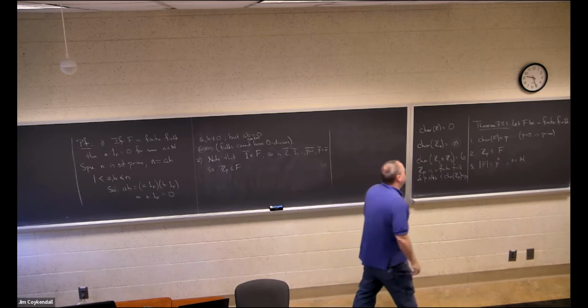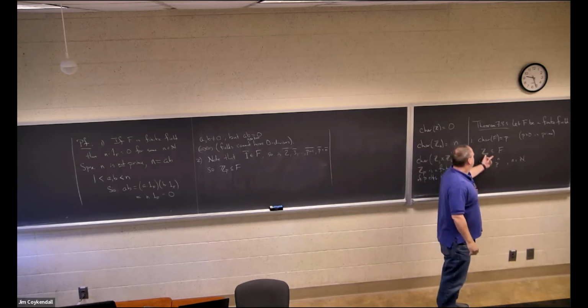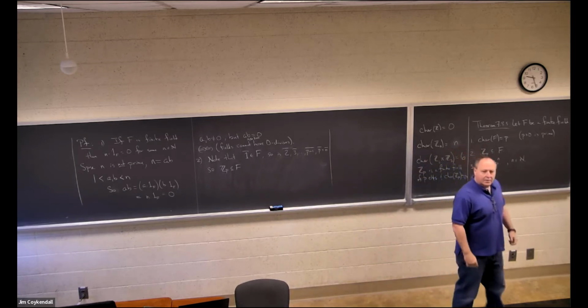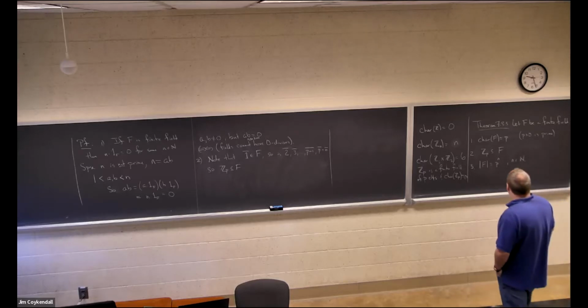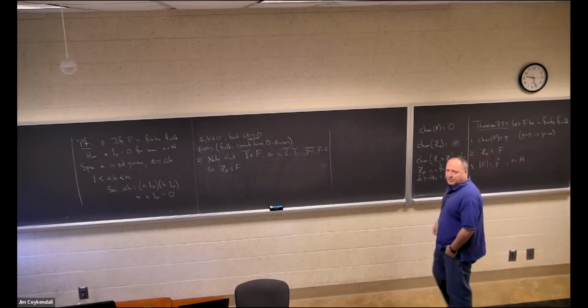I know the characteristic is prime. I know that Zp is contained in there. But that's also true of Z2 cross Z2, right? It's got characteristic 2 and it contains Z2, but it's not a field. It's also got 4 elements, but it's not a field. How do I know that the field has p to the n elements?